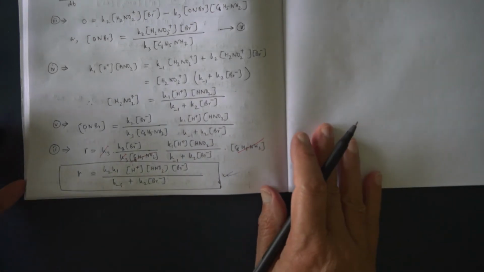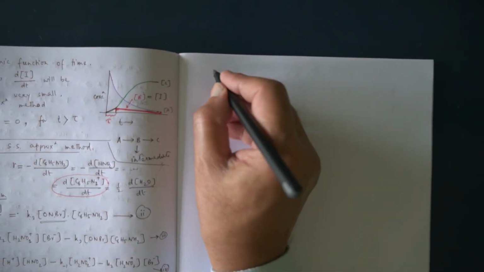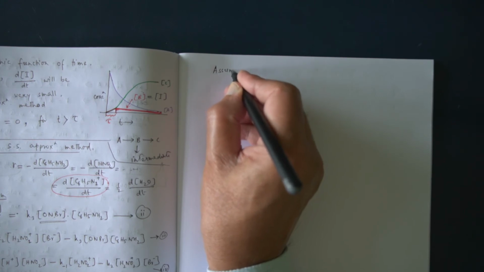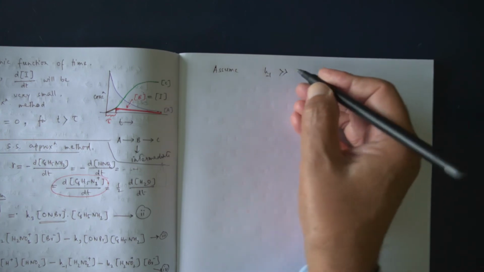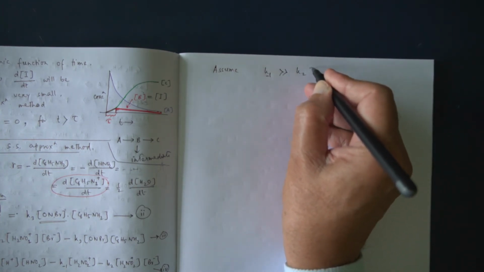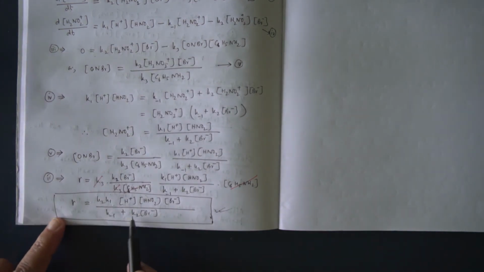Now here, if we assume K−1 to be very much greater than K2 [Br−], then if we assume this to be very greater than this, we can neglect this portion.